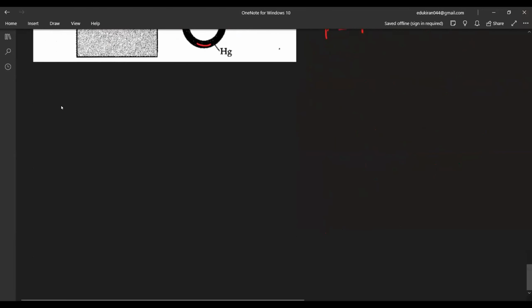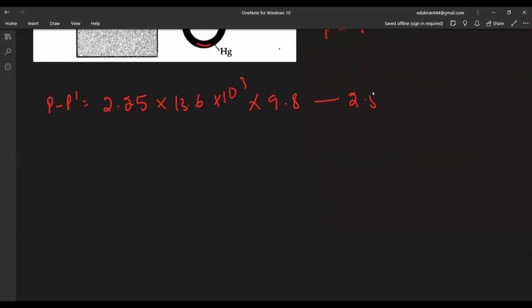When you are subtracting these two, this P minus P dash is equal to 2.25 into 13.6 into 10 to the power 3 into 9.8 minus 2.5 into 820 into 9.8.